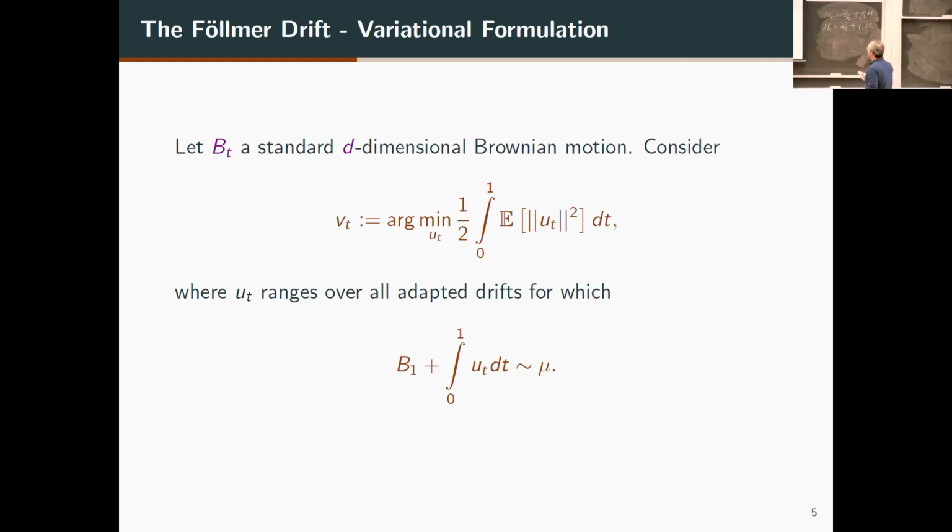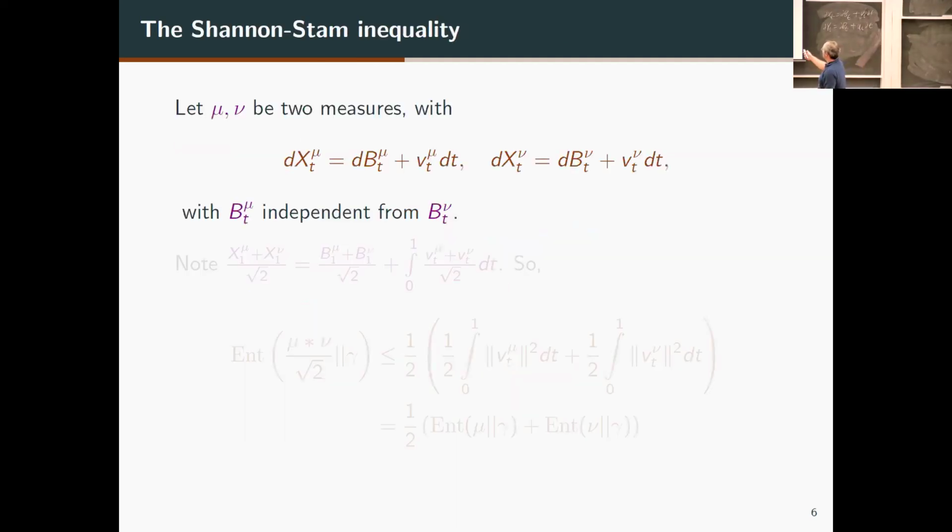Okay. I want to give one other example of such a coupling. So let's look at that case here. Suppose we have two measures now, mu and nu, none of them is Gaussian.